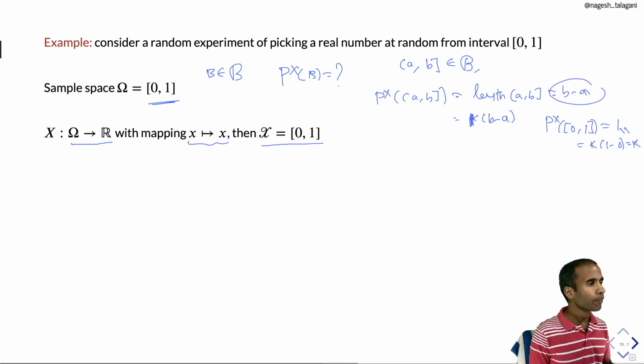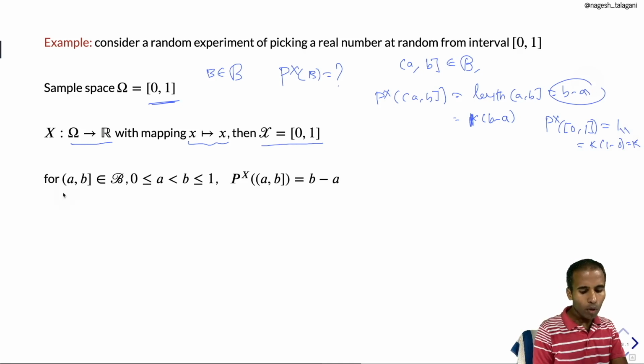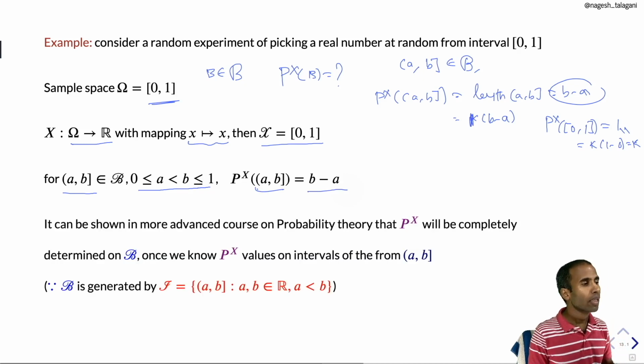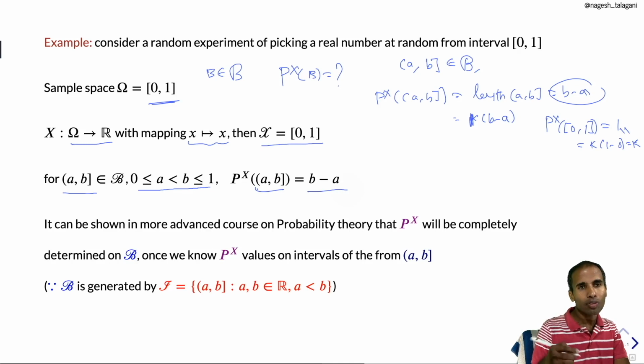So that's why for Borel sets of this form, (a, b], for 0 less than or equal to a less than b less than or equal to 1, P_X of the interval (a, b] is taken as the length of the interval, which is b minus a. Now, it can be shown in a more advanced course on probability theory that the probability distribution P_X will be completely determined on the whole Borel sigma field once we know these P_X values on this type of intervals.